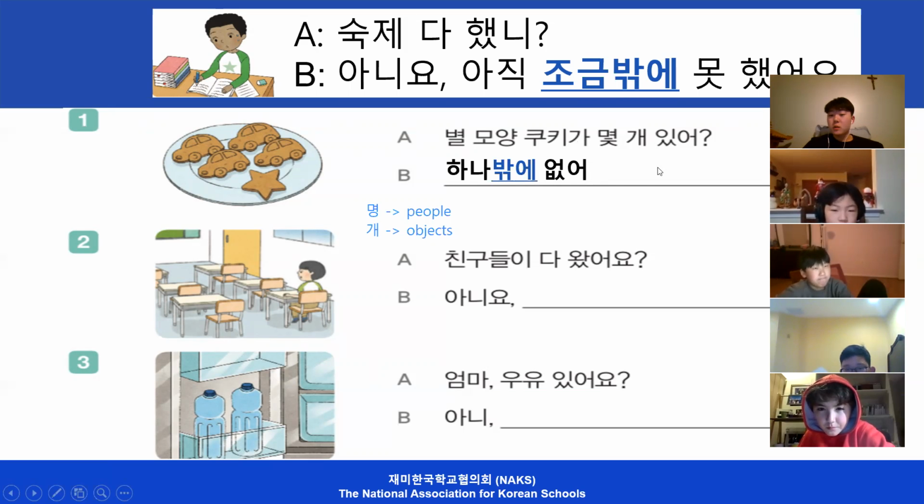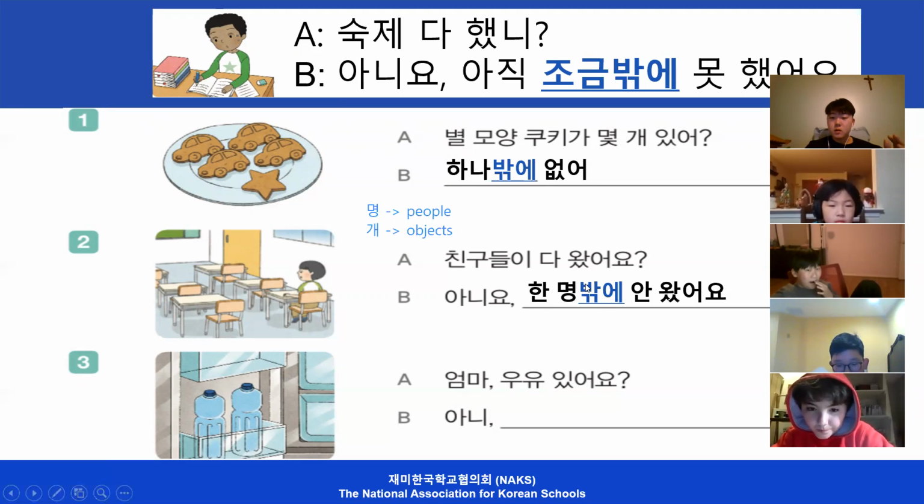So do it again. 하나밖에 없다. Okay, so when you say 명, when you modify this and say one person, it's not 하나 명. Grammatically that wouldn't make sense. So it's just 한 명. 한 명밖에 안 왔어요. Okay? That makes sense? All right.